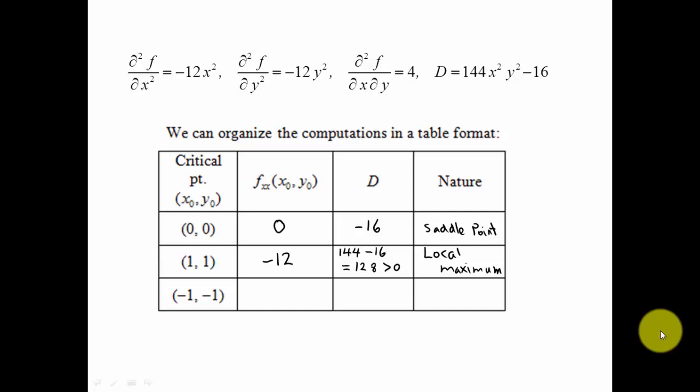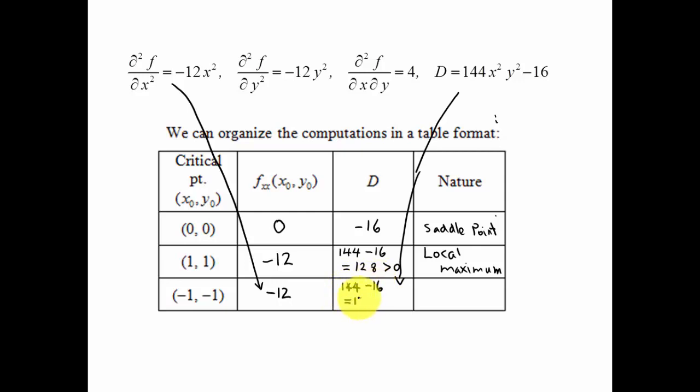Finally, we look at the critical point -1, -1, where partial differentiation of f with respect to x 2 times is again equal to -12, where x squared is equal to 1, and d is equal to 144x squared y squared minus 16, which is again equal to 144 minus 16 equal to 128, again positive.